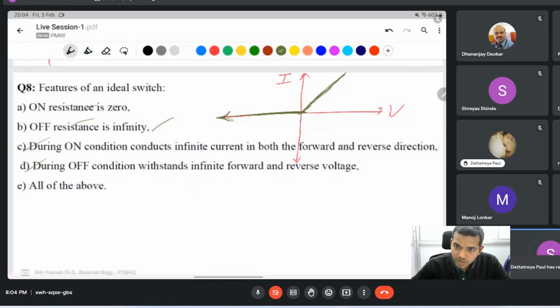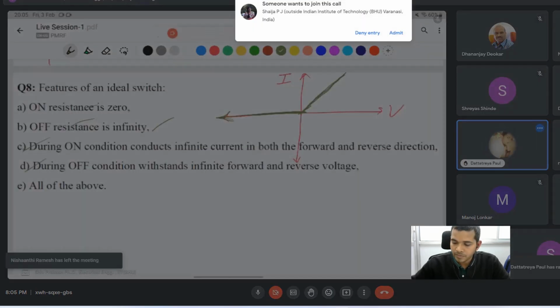So, yeah. You want to say something? Sir, I have a doubt here again. The IV graph here is linear, like a ramping signal. So it will have a slope, right? So the dynamic resistance will come, right? But you just said the dynamic resistance will be 0.